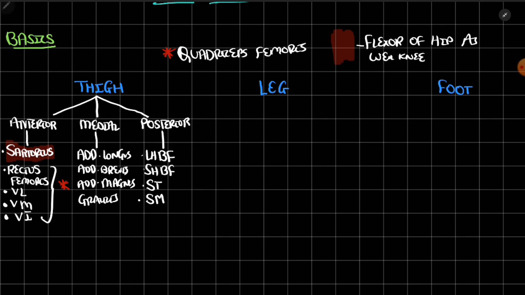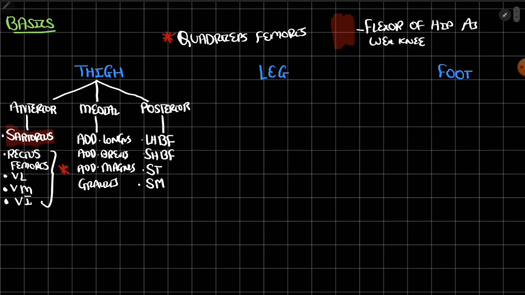Now the leg. The leg consists of 3 compartments: the anterior compartment, the posterior compartment, and the lateral compartment. The anterior compartment consists of muscles. I will write the short form, tibialis anterior, then extensor hallucis longus.